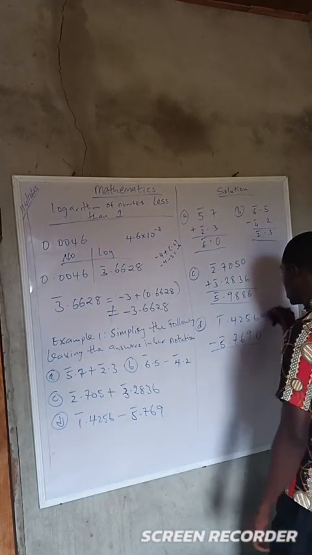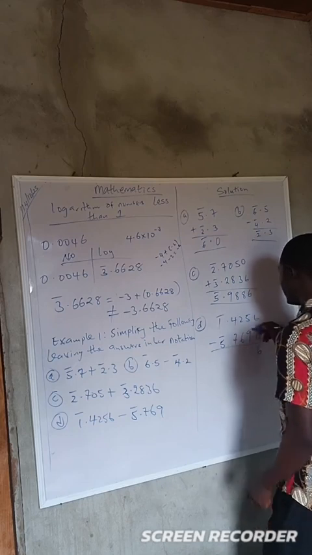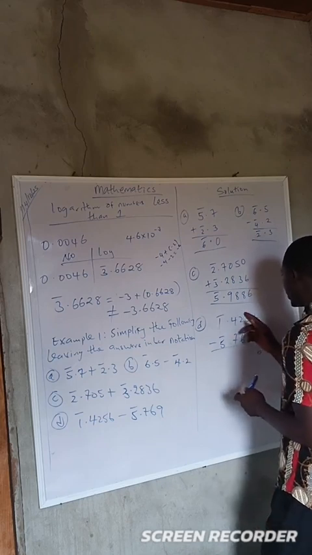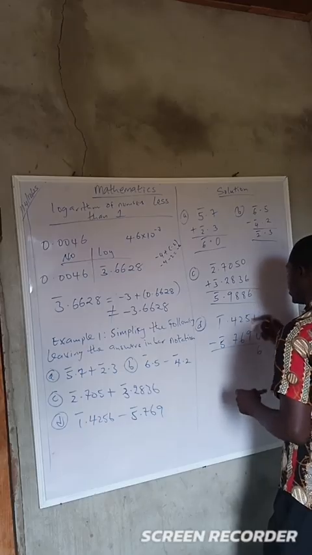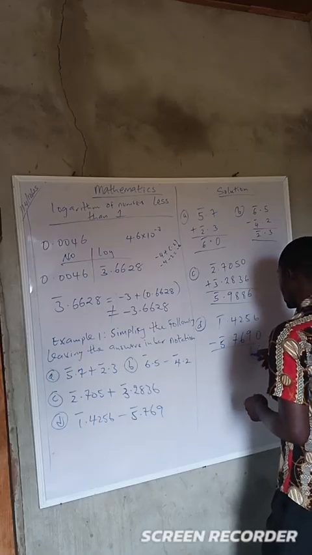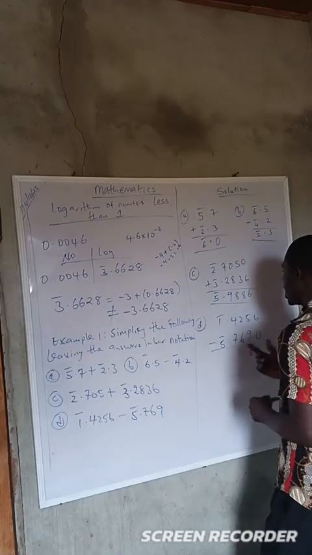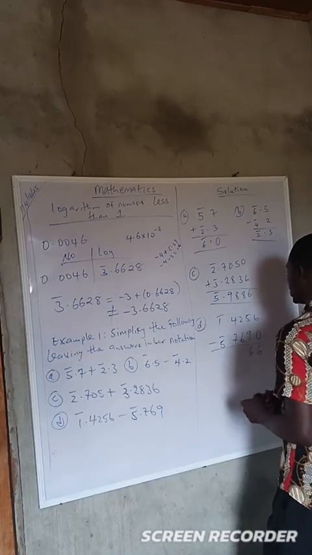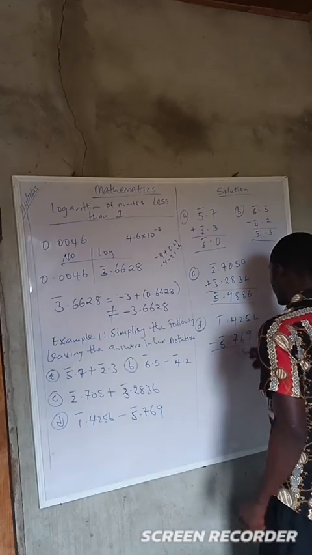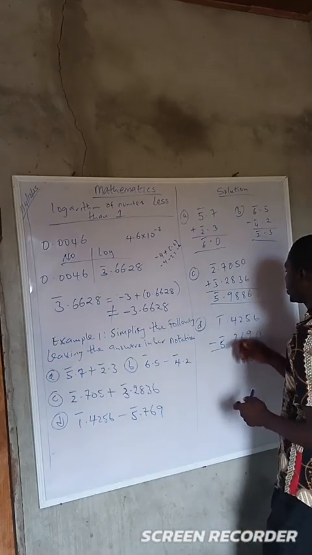So let's subtract. 6 minus 0, you have 6. Then 5 minus 9. Not possible, you borrow 1 from here. You have 15. 15 minus 9, that's going to give us 6. So this has become 1. So you borrow 1 to it, you have 11. And then 11 minus 6, you have 5. And then this is now 3.